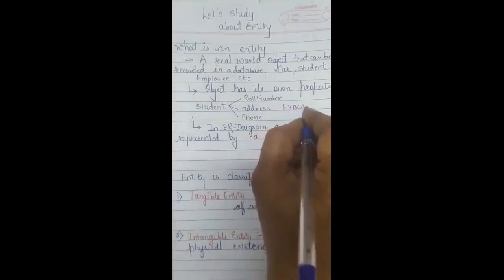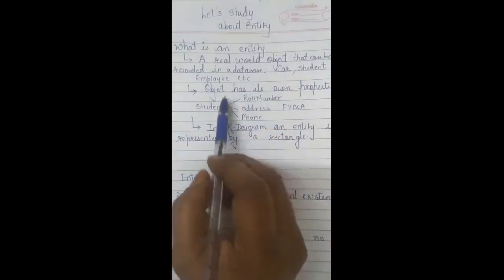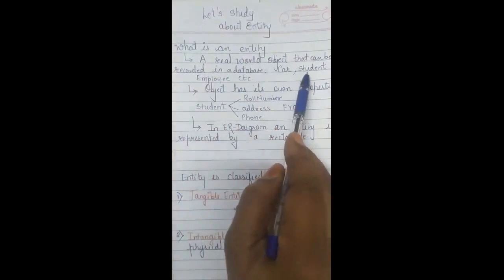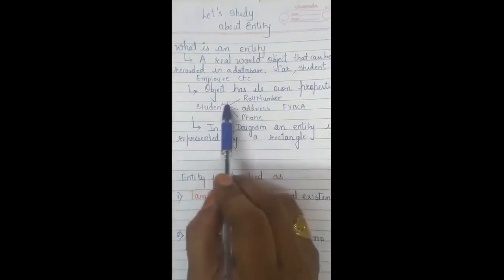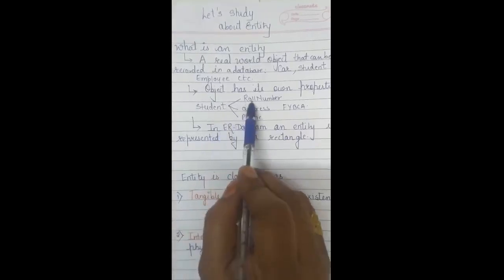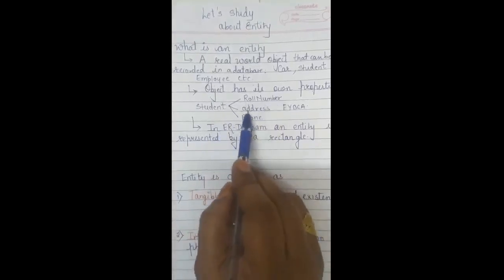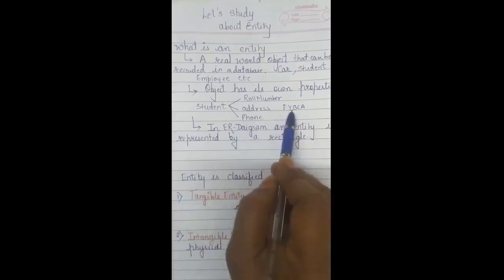That means an entity is any real world object. Here I have taken student, and student has its own properties, like roll number, address, phone number, and the class.